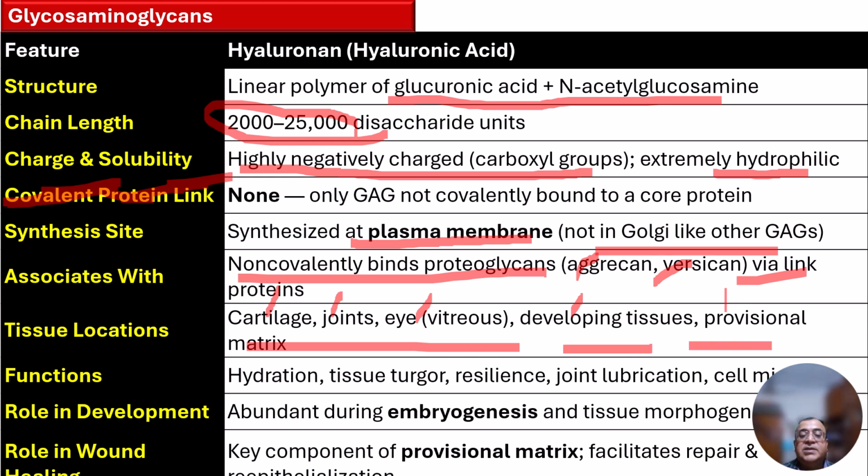They are present in abundance during embryogenesis and tissue morphogenesis, hence they have some role in the development of the tissue. They are a key component of provisional matrix and facilitate repair and reepithelialization, which emphasizes their role in wound healing.